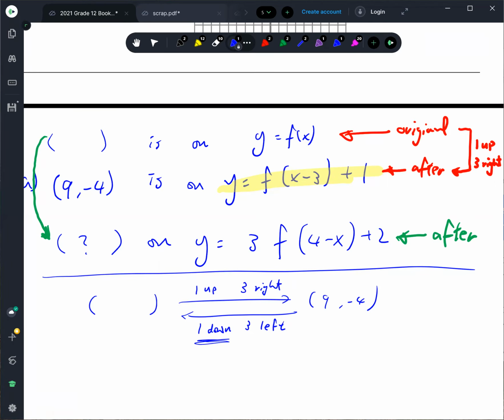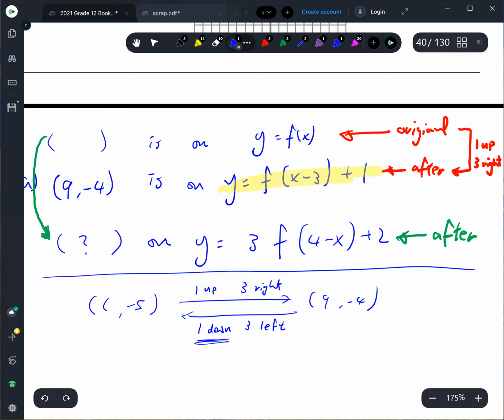That affects the Y. Okay, so the Y was -4, right? If you move it 1 down, where would it be? -5. Yeah. Can you give me the X as well? Is it 6? Yeah, it goes to the left by 3. Okay, so 6, -5.